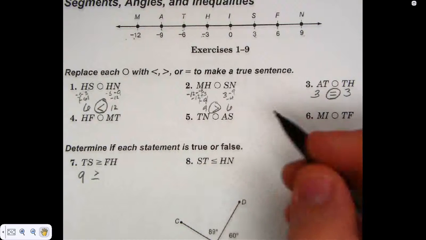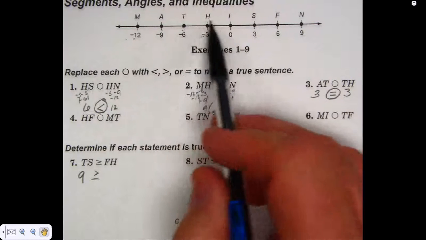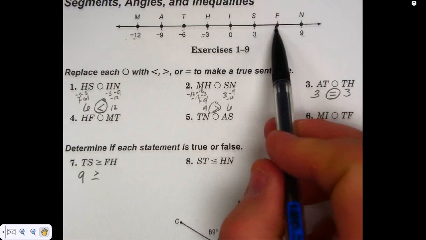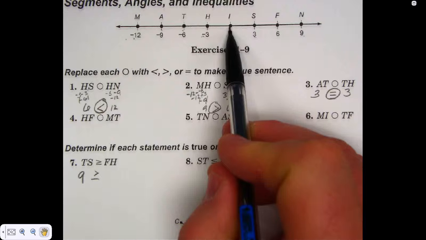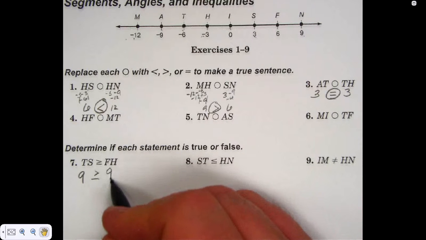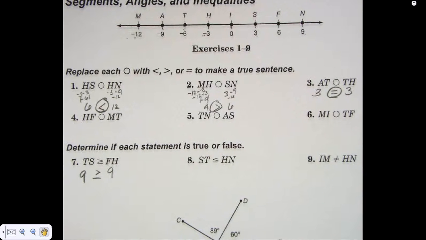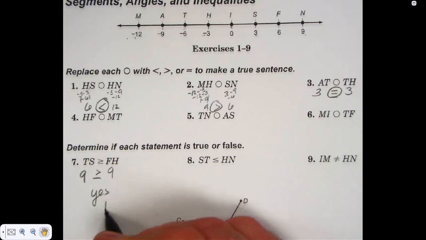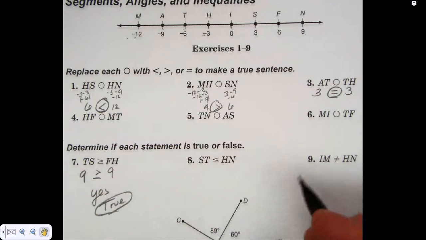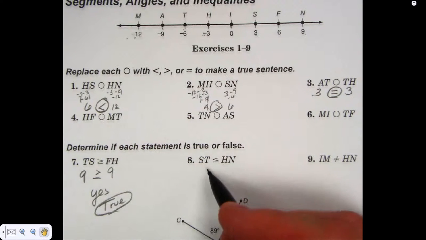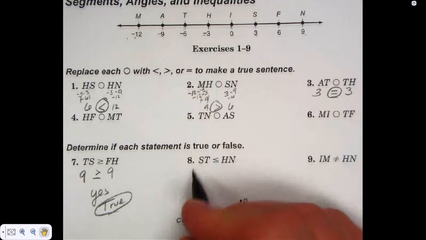Is 9 greater than or equal to F to H? F would be, takes me 6 to get to here, then another 3. It would be what? Is 9 greater than or equal to 9? Yes, it is. So what's the answer? True.